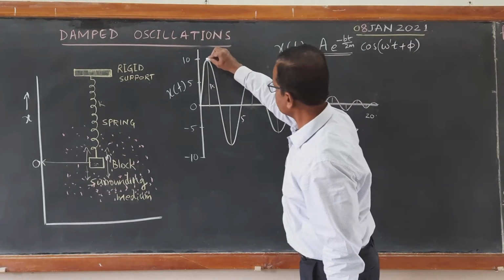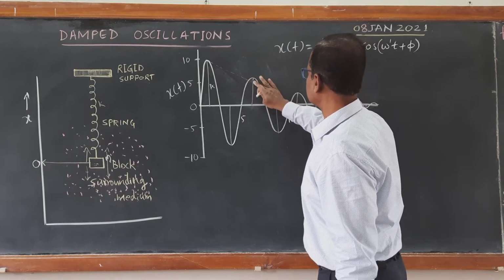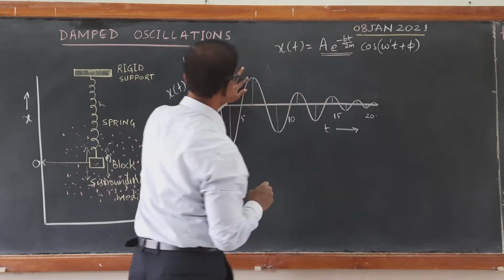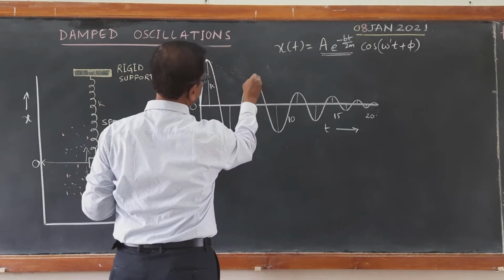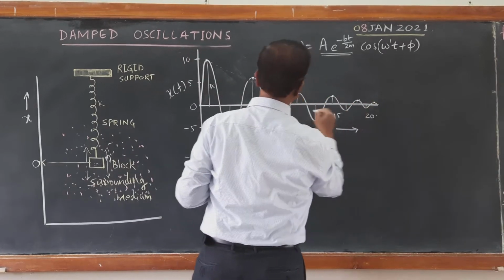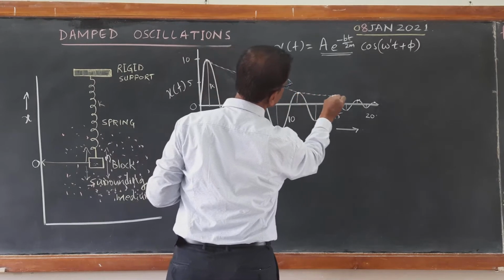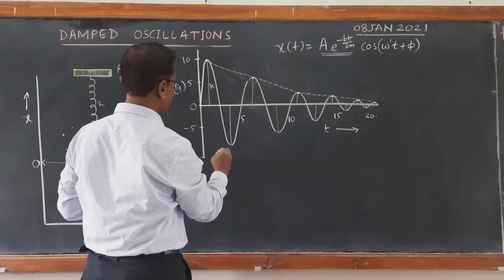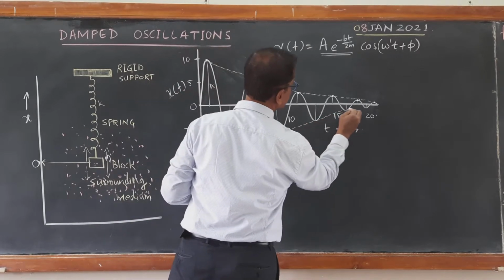So if you just note down the peak values of amplitude, just go on pointing out the peak values of amplitude and draw. The amplitude is decreasing exponentially. From here also you can see the amplitude is decreasing exponentially.